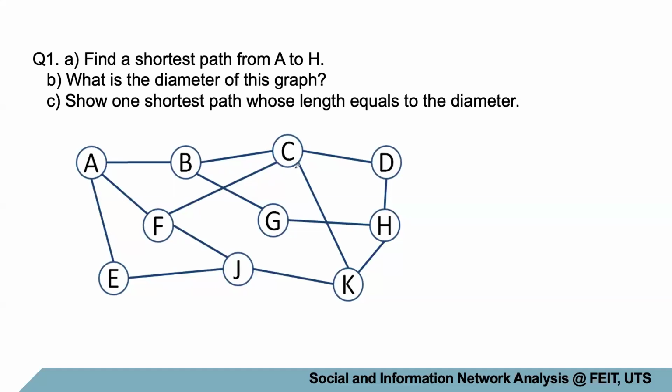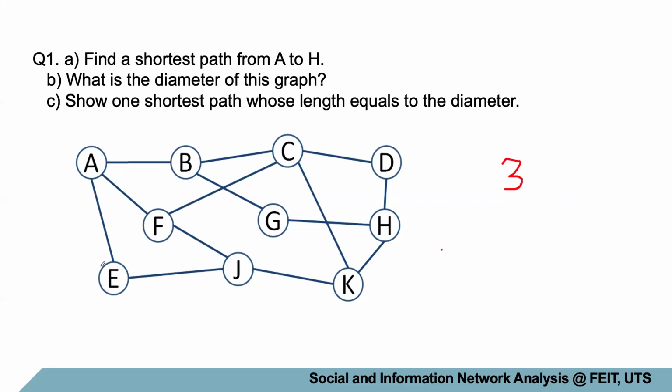Of course, we don't need to list pairs like C and J. They can reach each other in 2 hops, so the distance is very small. So we will try to find far away nodes. For example, from A, we already found that the largest distance is 3.